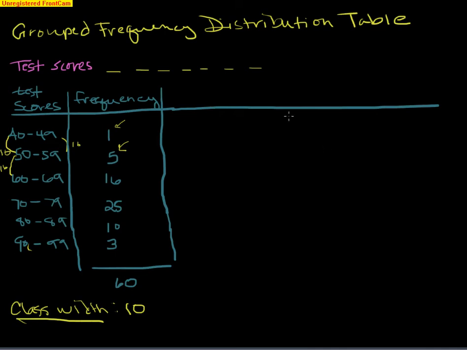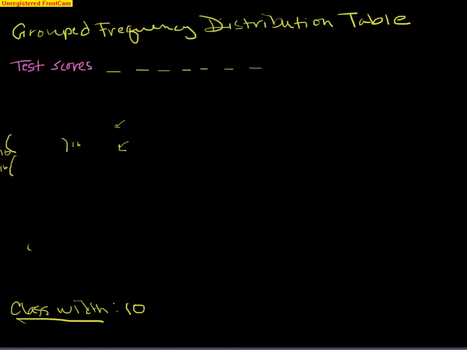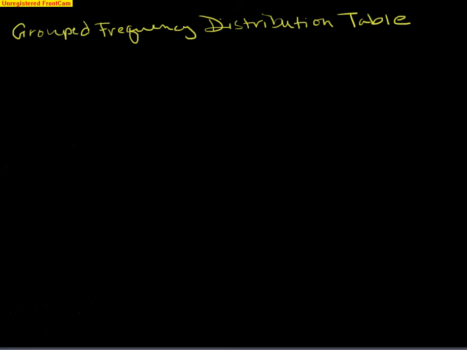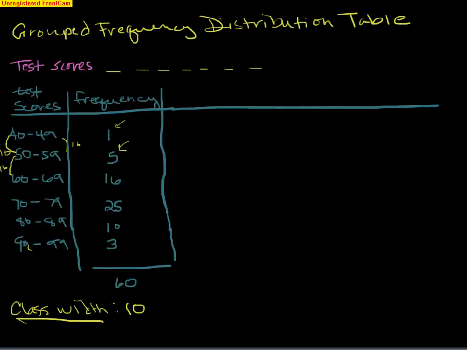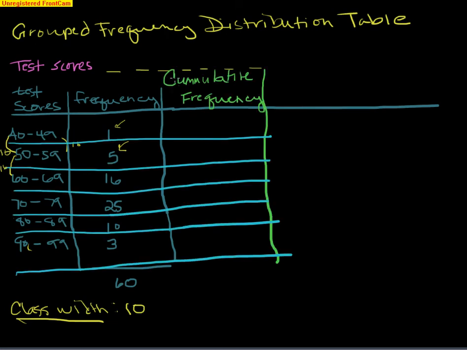One of the other things we're going to look at, which you've probably heard talked about, is cumulative frequency. What is cumulative frequency? The cumulative frequency is just how many people are in each group plus all the previous ones.